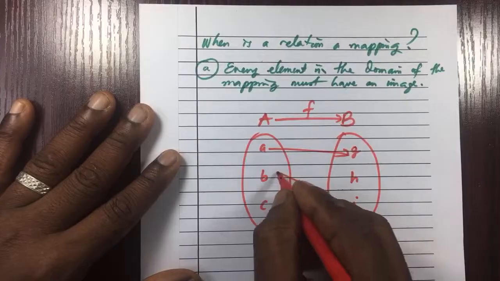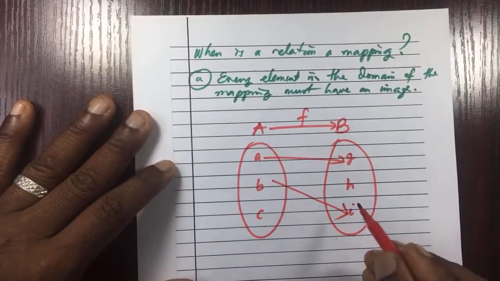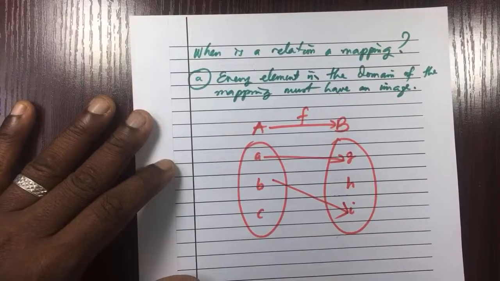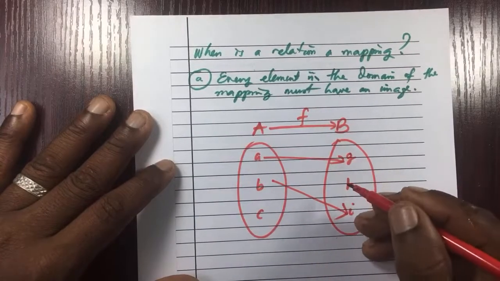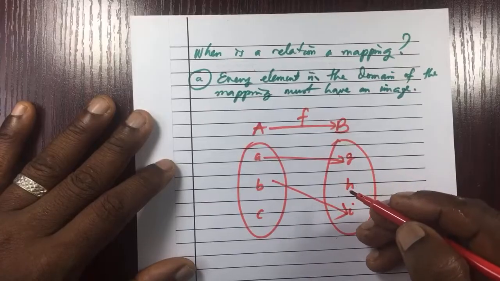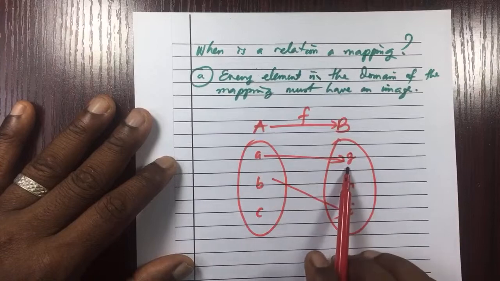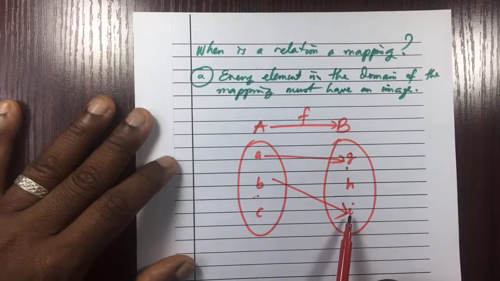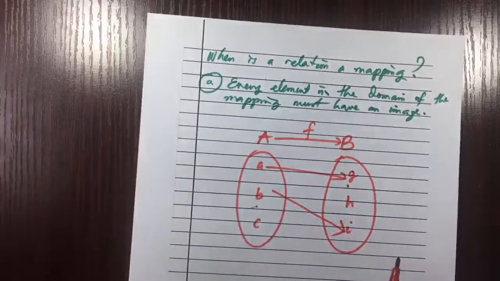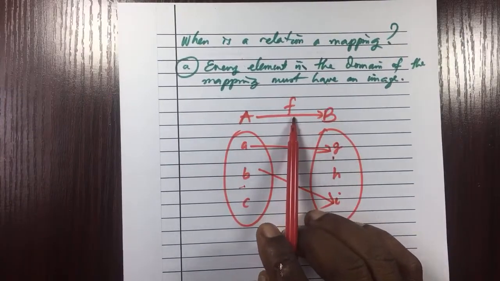I'm going to just stop at this point. A has been assigned G from B. B has been assigned I from B. Now, the question is this: is this particular relation F a mapping?